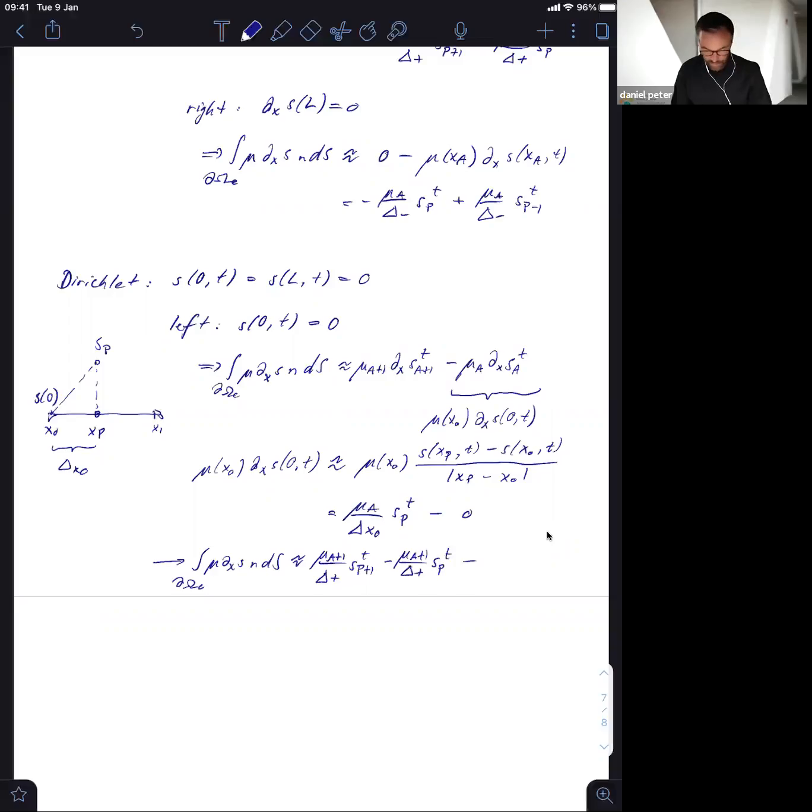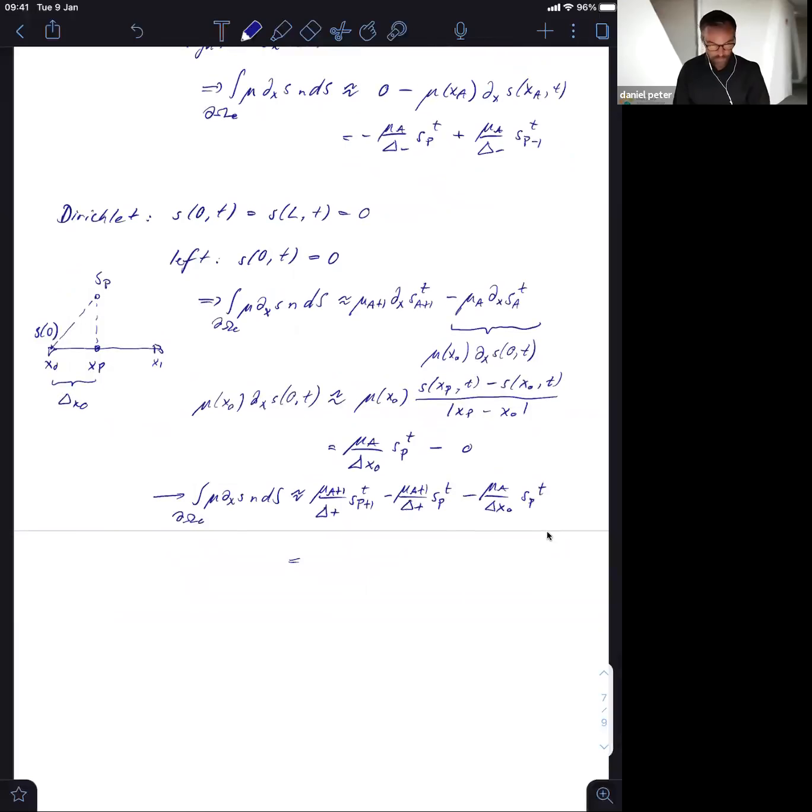Now with this modified term at the Dirichlet boundary, so we just have this UA over the delta x0 SP T. So we can put this together so that it's very easy to see what the coefficients would be for our stiffness matrix.